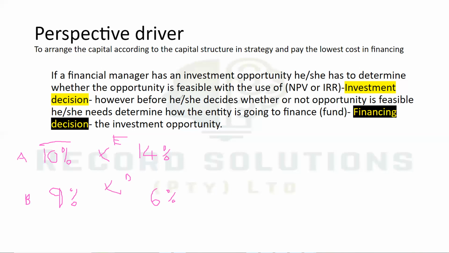Now, do you see that if an entity does this, it is very stupid, right? Because you are in the same entity, you can't be using different sources of finance to finance investment decisions. Look at what happened here. This investment decision came that promises us 10%, however we rejected it.